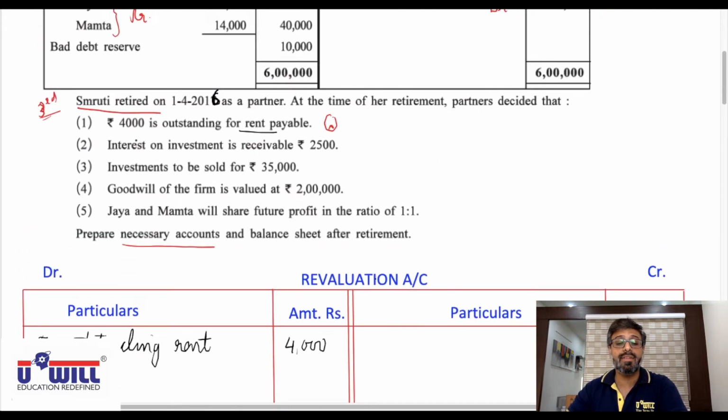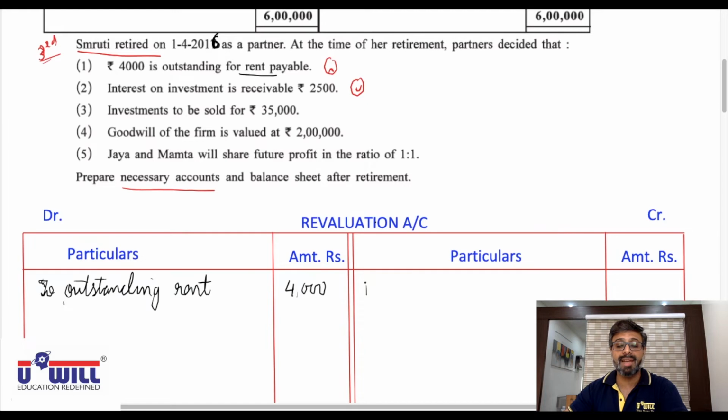Next, interest on investment receivable 2,500. Now interest on investment is receivable, so we should be happy about it. It's a profit for the firm. We have to still receive the money. So outstanding income account debit to revaluation.